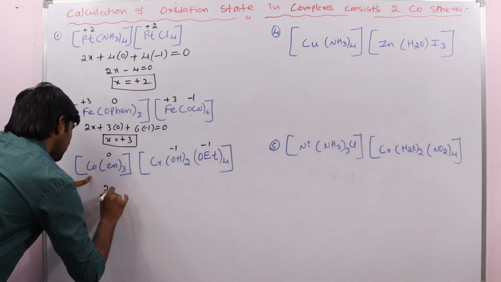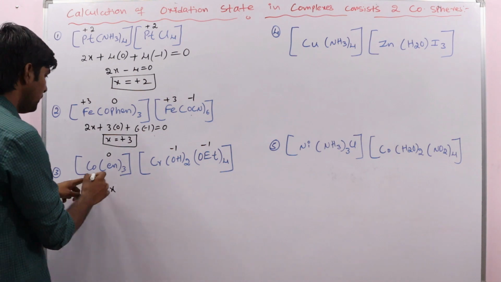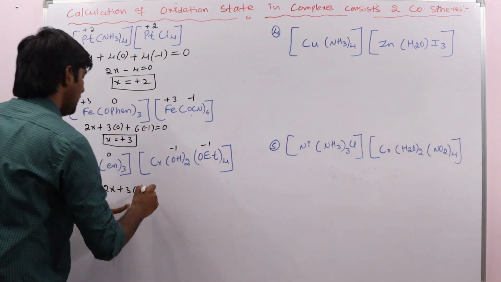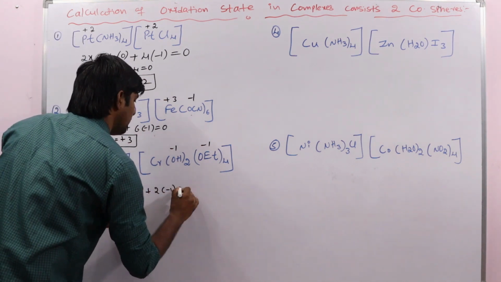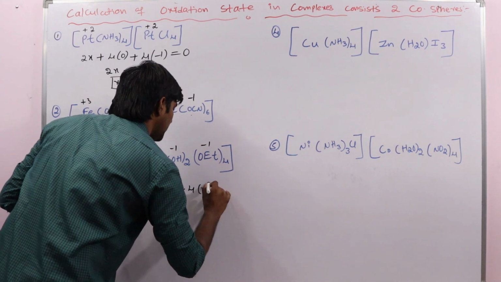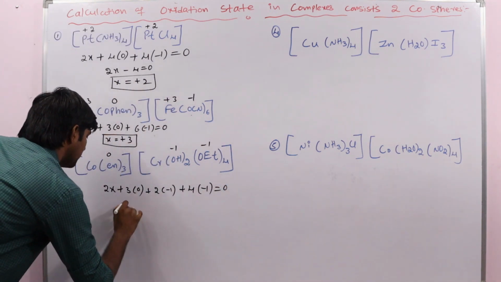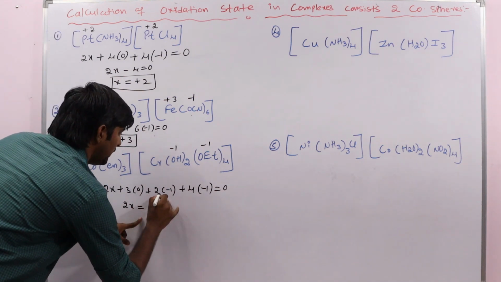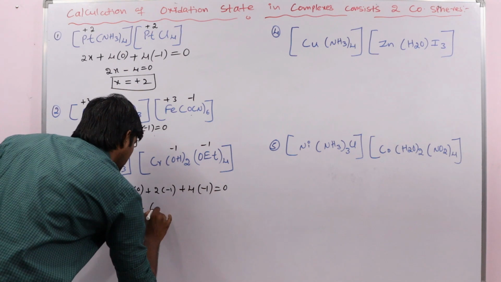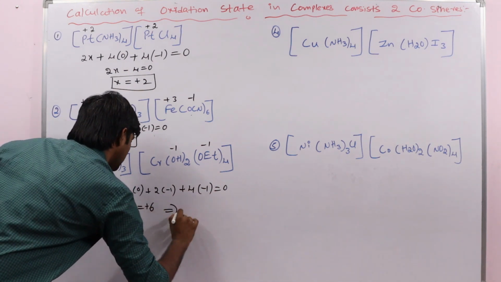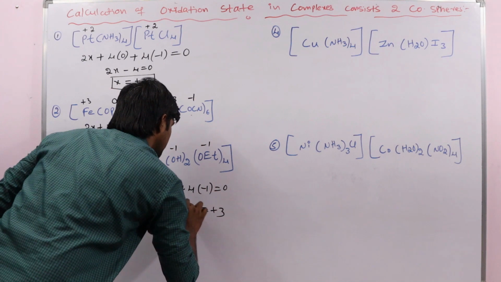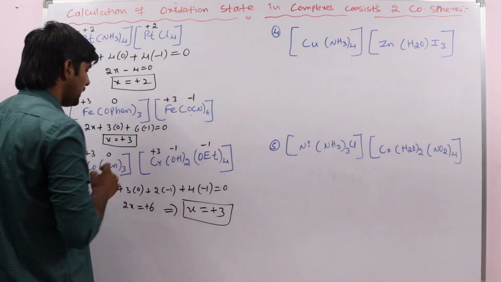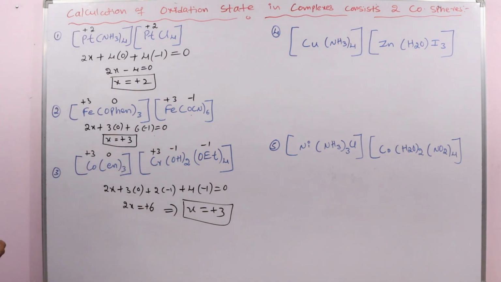So we can take 2x, two metals, plus 3 into 0 plus 2 into -1 plus 4 into -1 equal to 0. So 2x is equal to 2 plus 4, which is +6. So x is equal to +3. So cobalt has +3 oxidation state, and chromium also has +3 oxidation state.